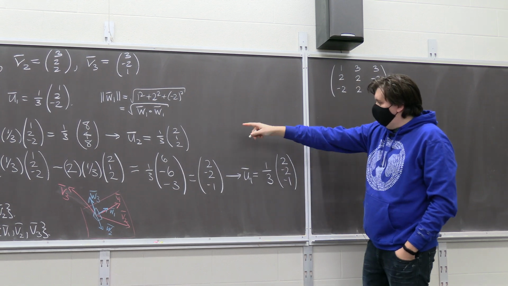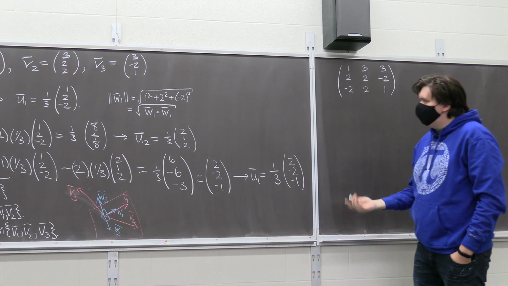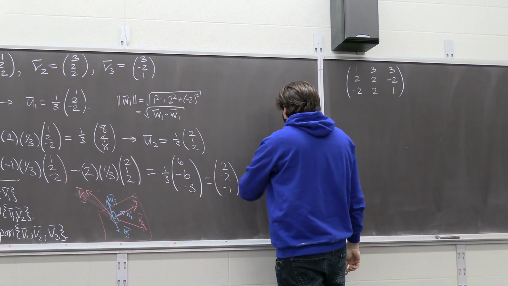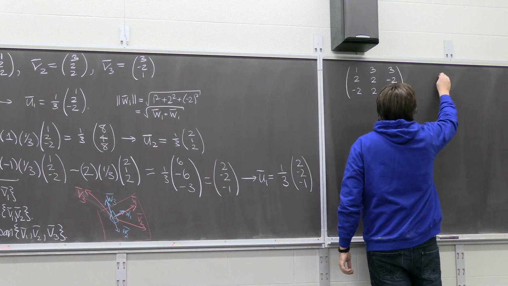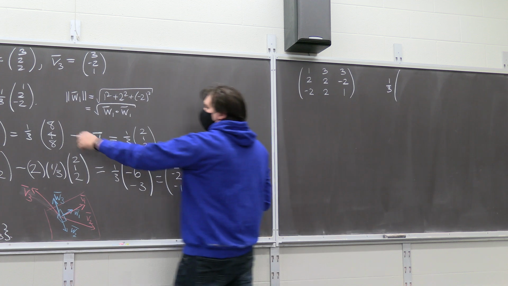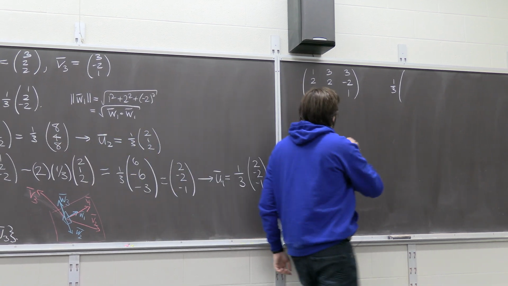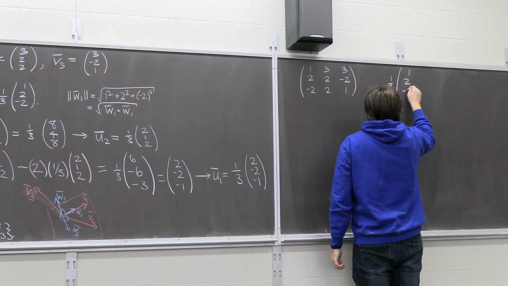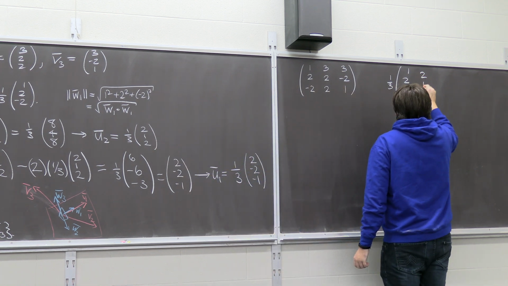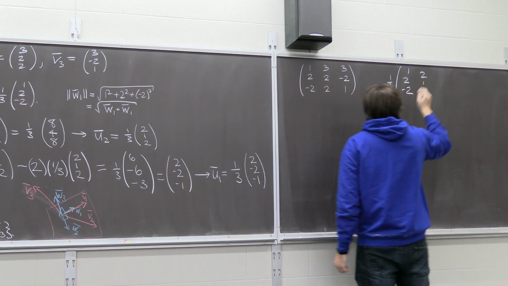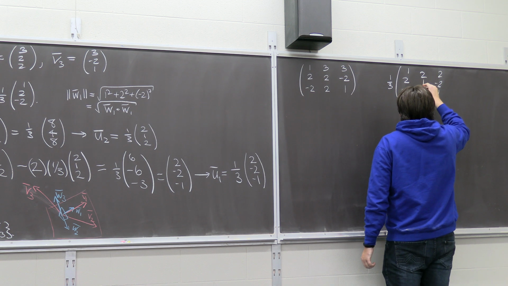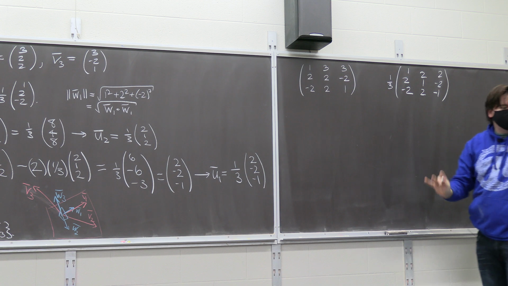And then you can look at your resulting vectors, and we can stick them into a matrix as well. They tend to have this 1/3 up front, so let me pull out the 1/3. And here we have 1, 2, -2. Here we have 2, 1, 2. And here we have 2, -2, -1. Stay with me, we're going somewhere.